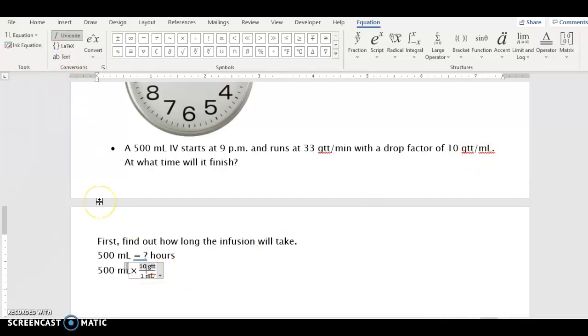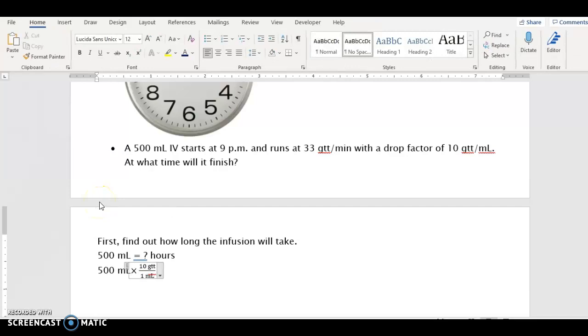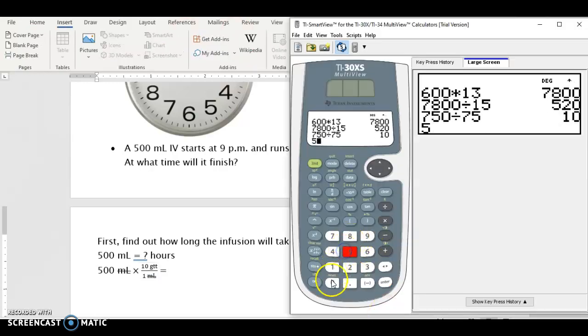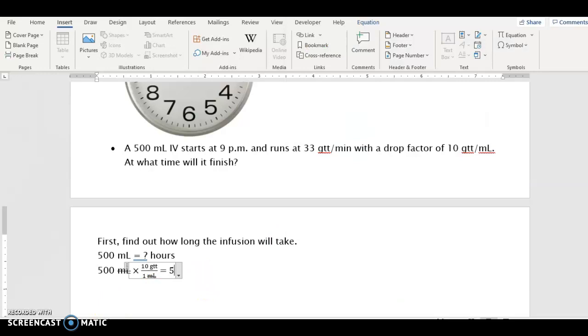When we do that, the units of milliliters will cancel. So we have 500 times 10, which is equal to 5,000 drops.